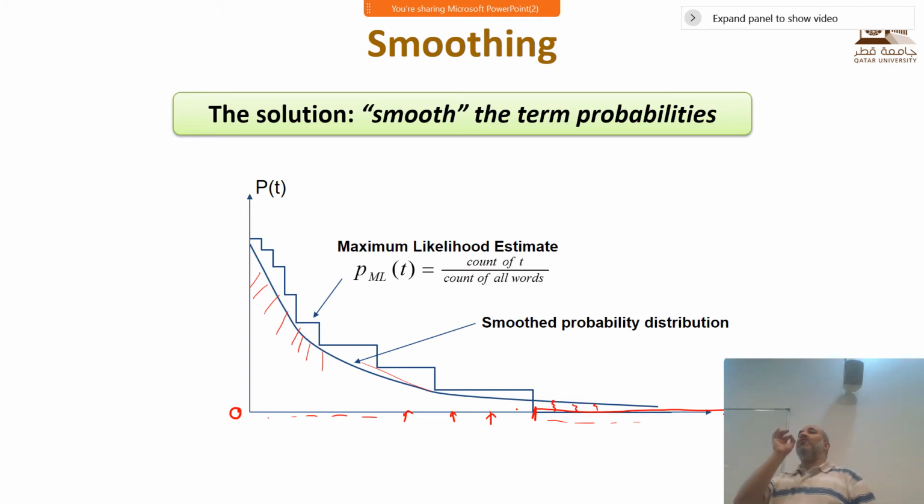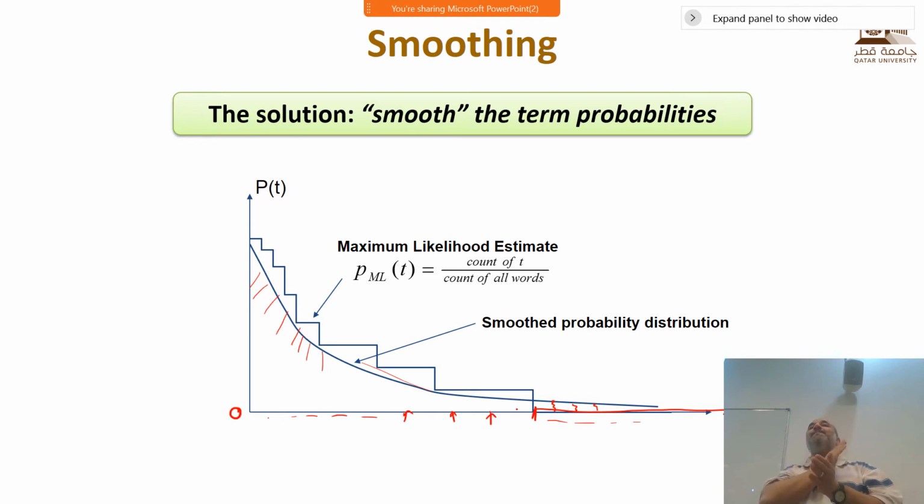Exactly. Very small value for all. It doesn't have to be exactly the same, by the way, but there will be very small values, but no term will be left behind. Every term will have a non-zero score. So that means that the smoothing technique that we will use will have to make sure that no terms will have a zero score after smoothing.